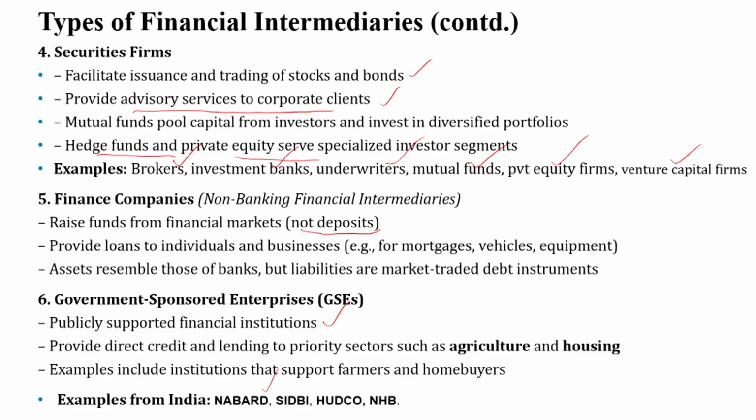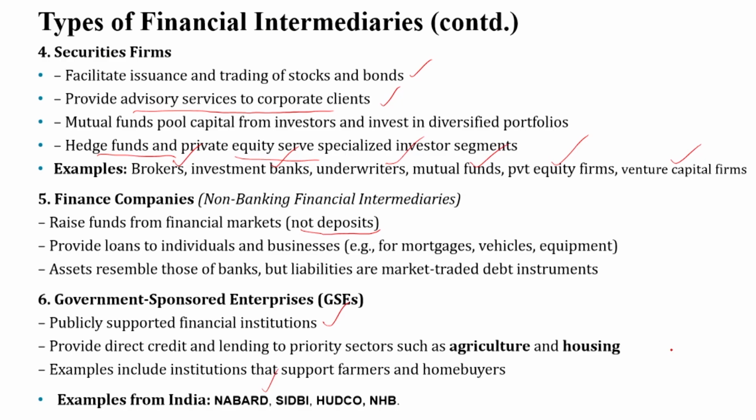Similarly, SIDBI, the Small Industries Development Bank of India, and HUDCO, NHB, these institutions help bridge financial gaps in underserved sectors and promote inclusive economic development. Together, these intermediaries enhance access to credit, promote investment, and ensure smoother functioning of both capital and money markets.